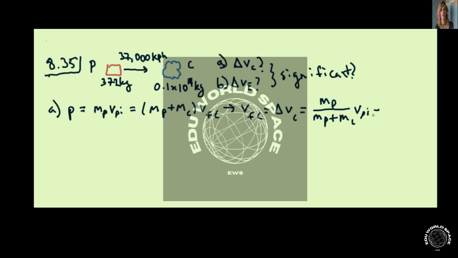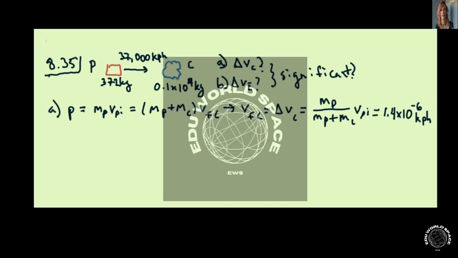And plugging the numbers in, the initial speed of the probe is quite high, but the mass of the comet is going to be what ends up dominating the value we get out here, because 10 to the 14th kilograms is gigantic. And so this works out to be 1.4 times 10 to the negative 6th kilometers per hour.